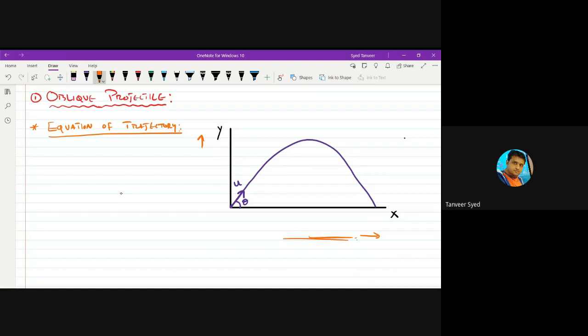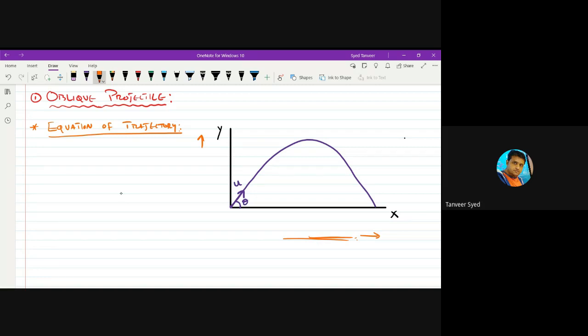Then we studied motion under gravity. A ball is thrown vertically upward, or a ball is dropped from a certain height. Velocity of striking, time taken, all these things. We studied them separately. Now here, these two motions are taking place simultaneously in projectile.